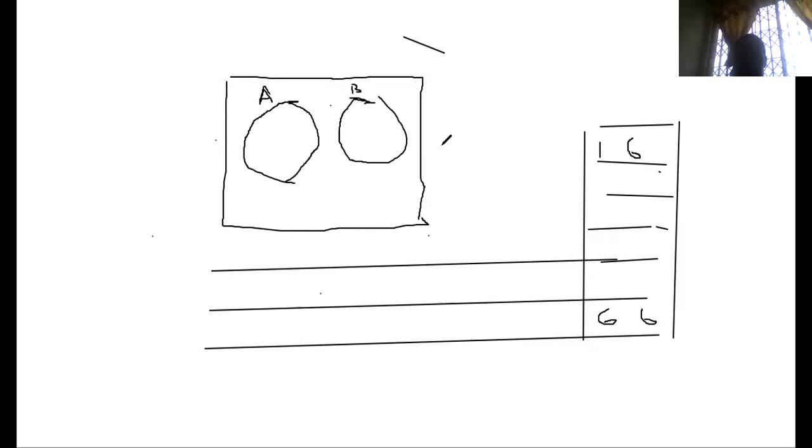So here we say that A intersection B is equal to the empty set. It's not 0, sorry, it's the empty set, because 0 is a numeral.